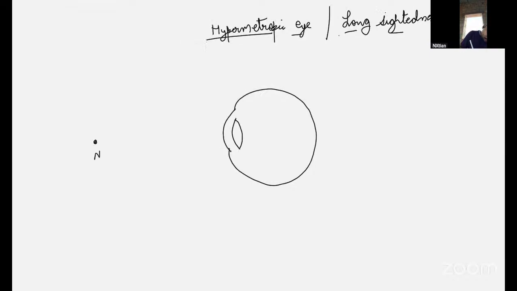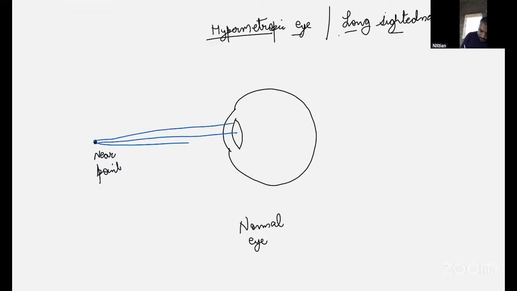The normal eye has the near point, and it will make an image on the retina.